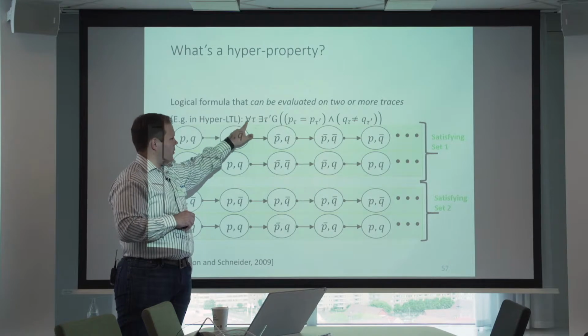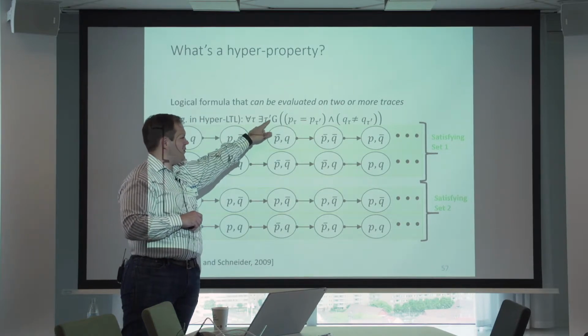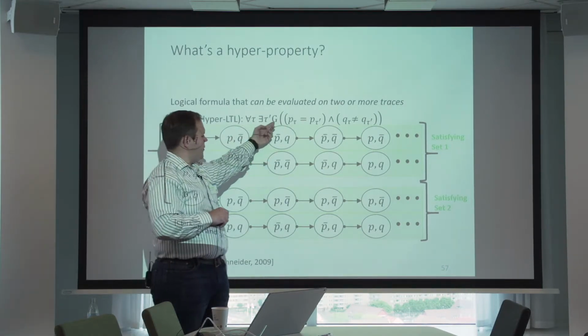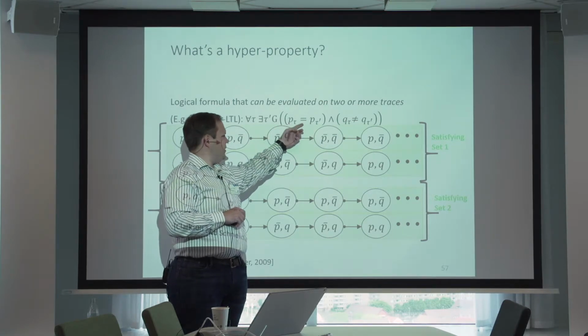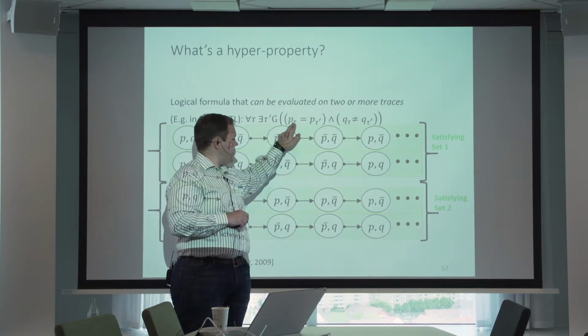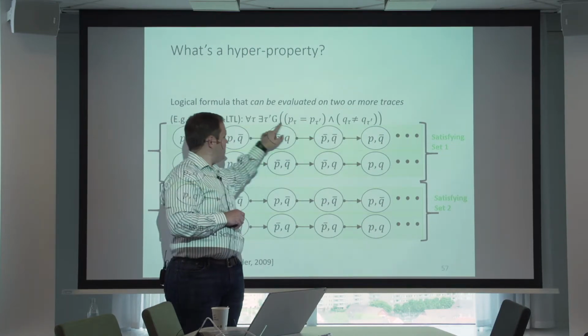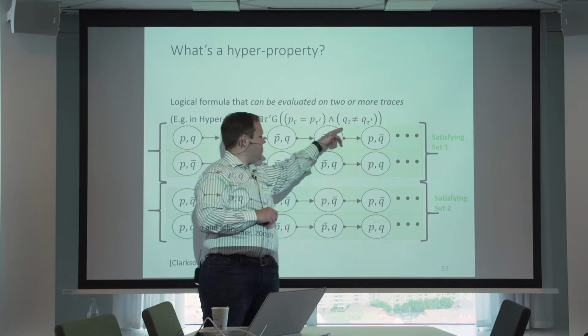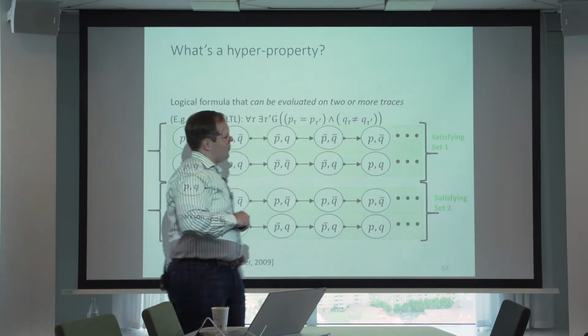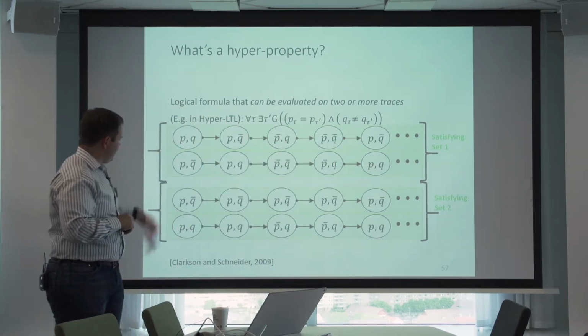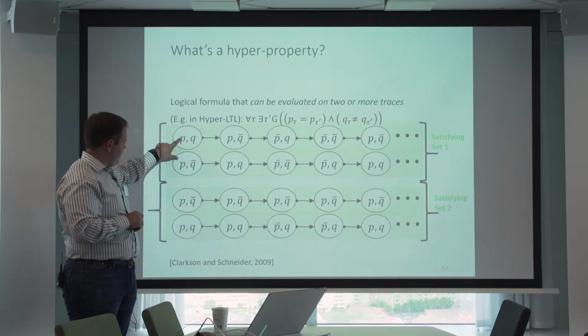So this is saying for all traces tau, there is a trace tau prime, such that it's always the case that if P of trace tau is equal to P of trace tau prime, then the Q's on those corresponding traces are not equal. Let's try to understand that a little bit.